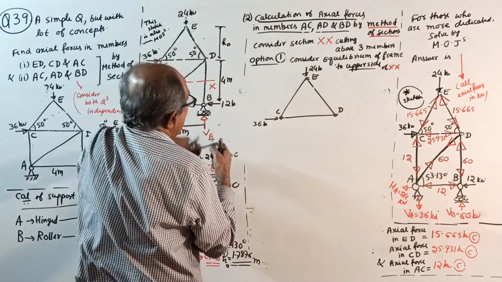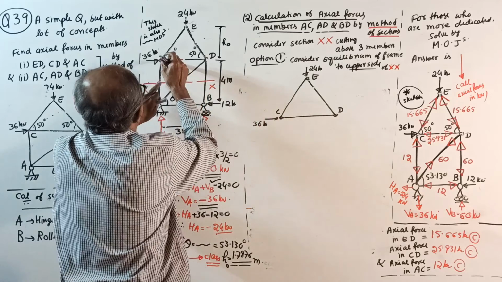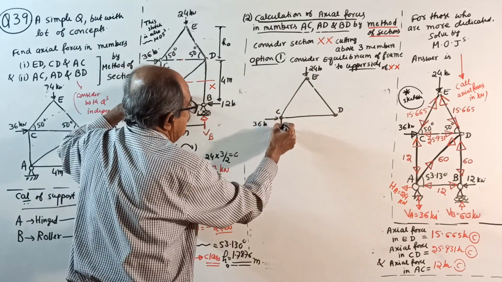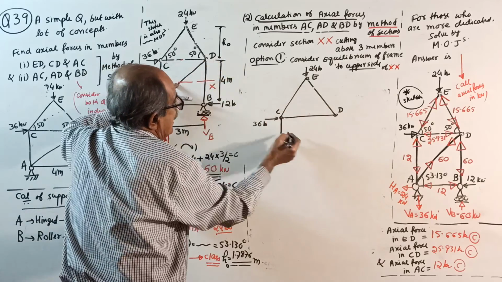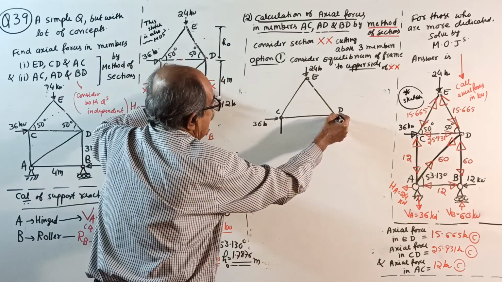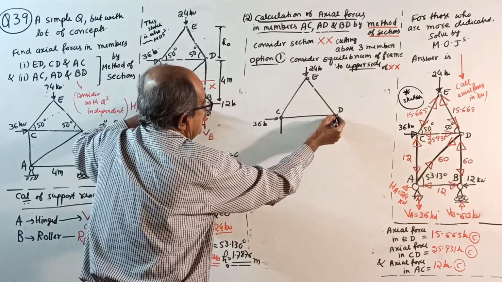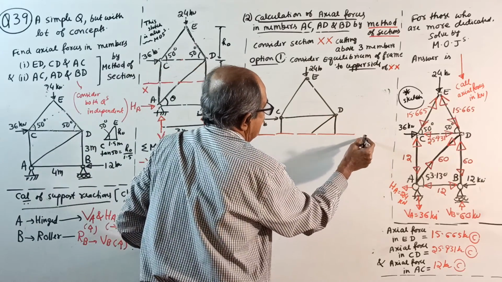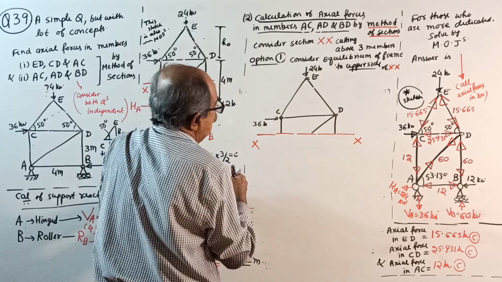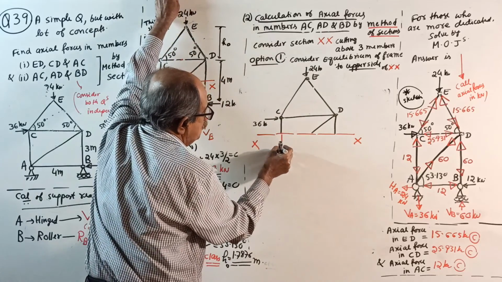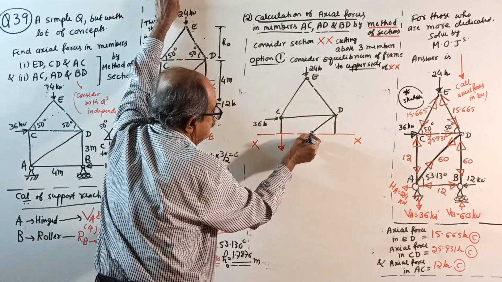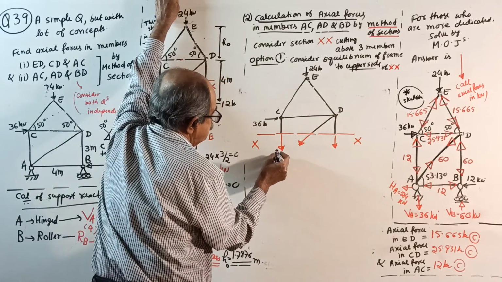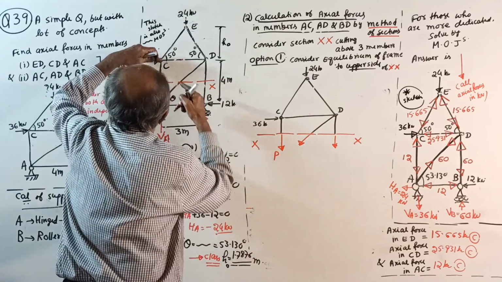Next, see here. This member goes partially down here, and this will come partially to the same. This also goes partially down, and this will also partially come here. The section is like this, XX. Now, outward going forces.